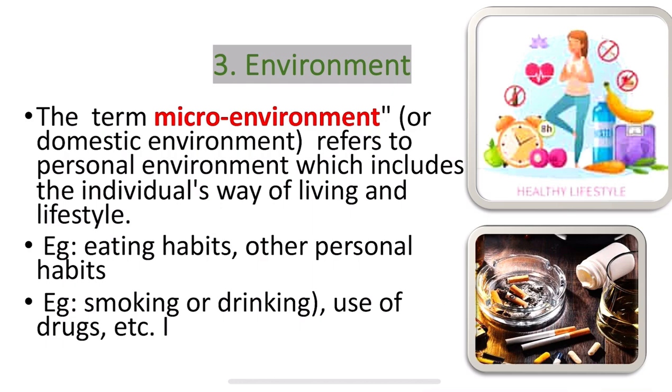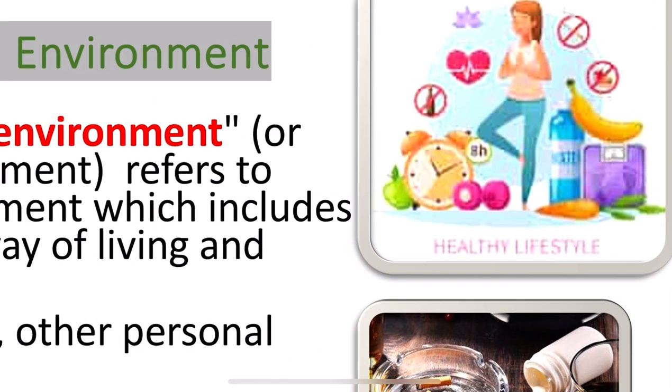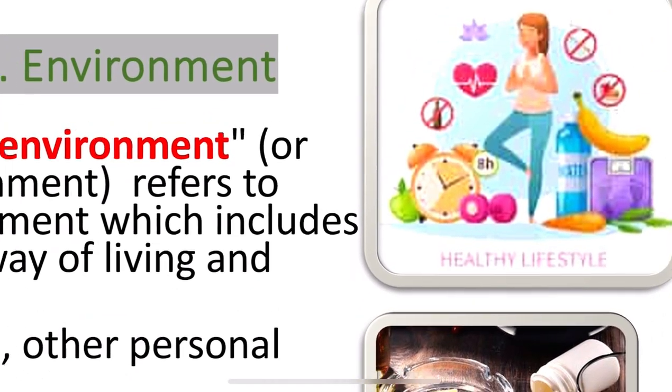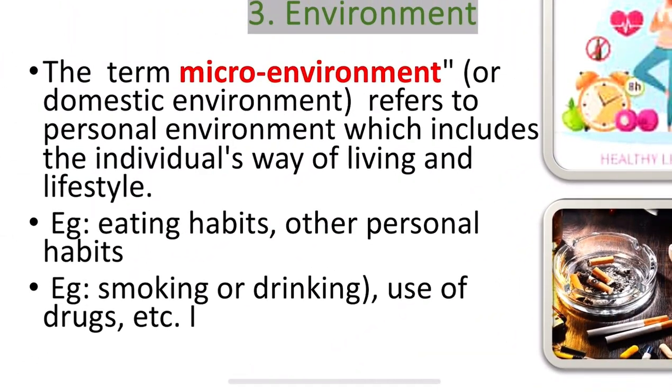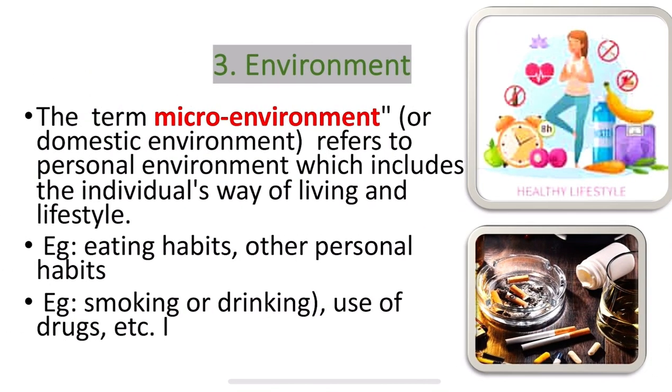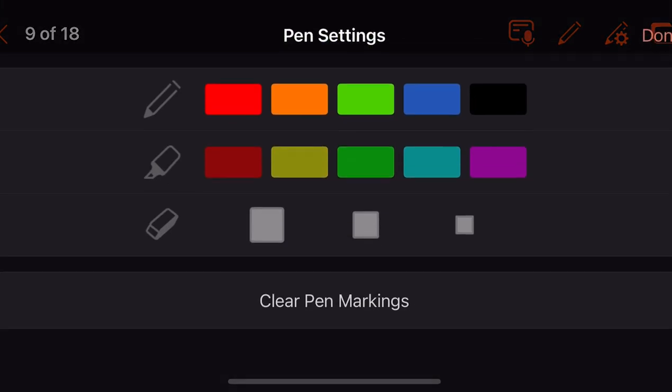The microenvironment or the domestic environment is the personal environment, which includes the person's way of living, his lifestyle, eating habits, exercise, sleep, habits of smoking and drinking, his personal habits and use of drugs. This is the micro environment. Very clear, guys.